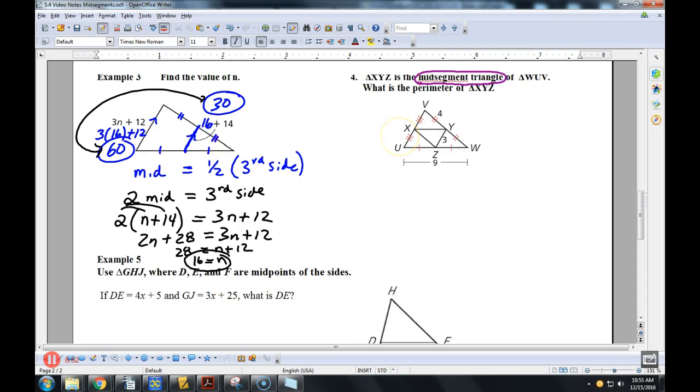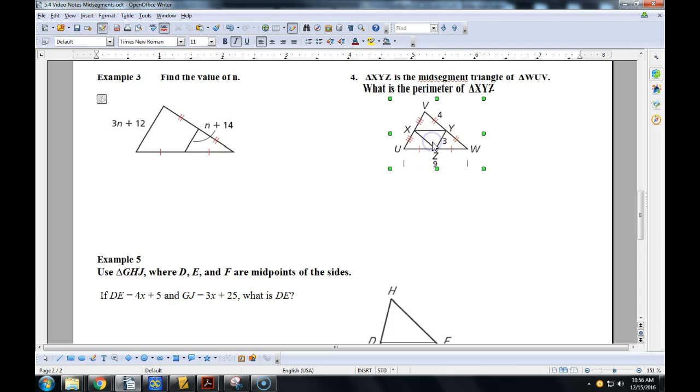So let me get rid of this color here and let's try to get some numbers. Well, if this long side out here is 9, the midsegment should be half of that. So this midsegment should be 4.5. I'm actually going to blow this up so that you guys can see that a little bit better.